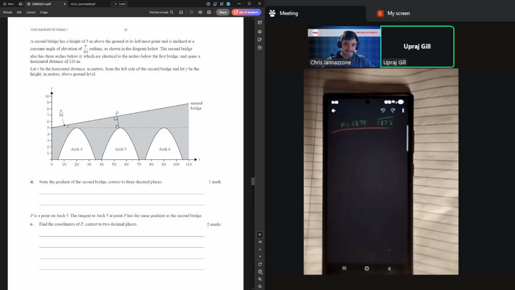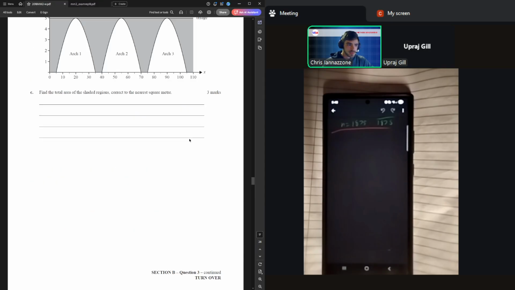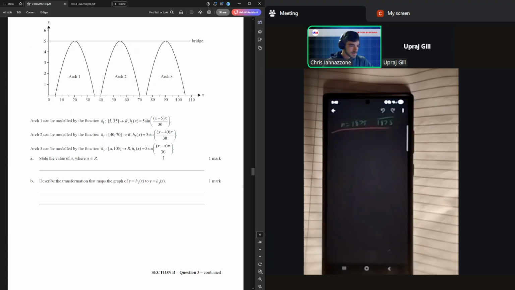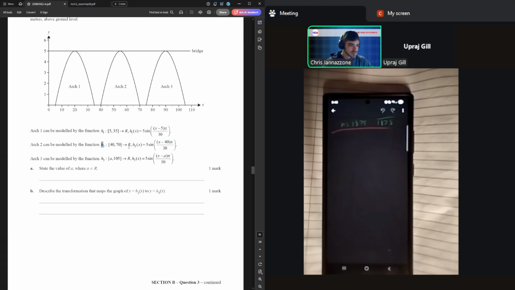I think I got a general solution. Did you have a domain with your function? So when I get the derivative function, should I put that into another function but with a domain? Well, it depends. When you defined the initial h2, perhaps, did you define it with the domain?